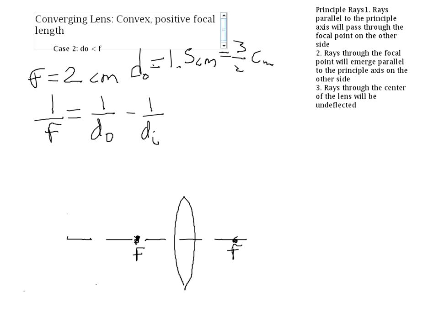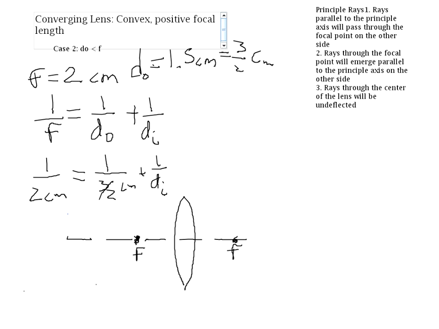We still use the same lens equation. 1 over f equals 1 over the object distance plus 1 over the image distance. So we have 1 over 2 centimeters equals 1 over 3/2 centimeters plus 1 over di.